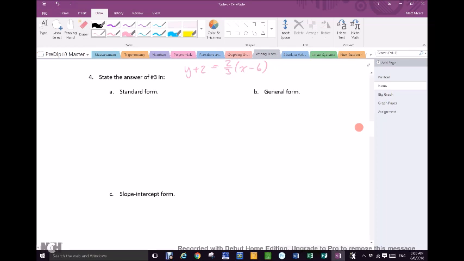So that's why I like to do standard or general form first. Doesn't matter which one you do first because they're almost exactly the same. But I know I need ax plus by plus c. I need to get rid of fractions. And I see I have a fraction. A great many of you are going to distribute that fraction. That's fine.